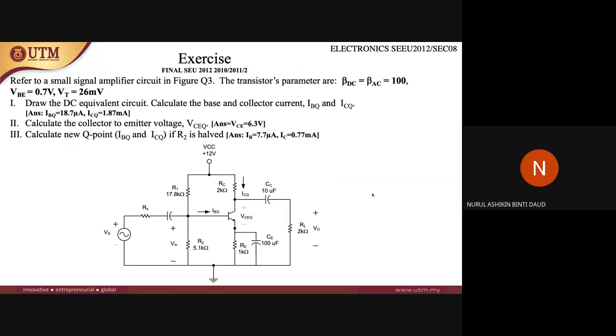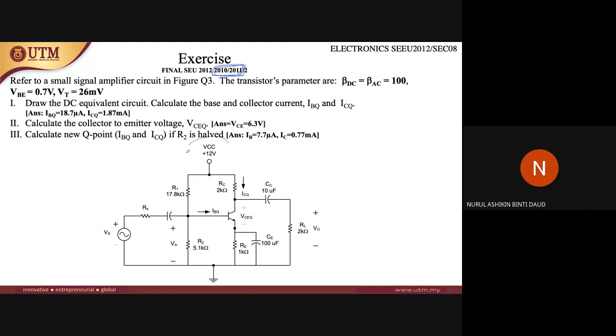All right. So next, this is an example of a question that came out during the final exam, in years 2010 and 2011, a long time ago, 10 years ago. So this kind of question comes out. Maybe you can try.